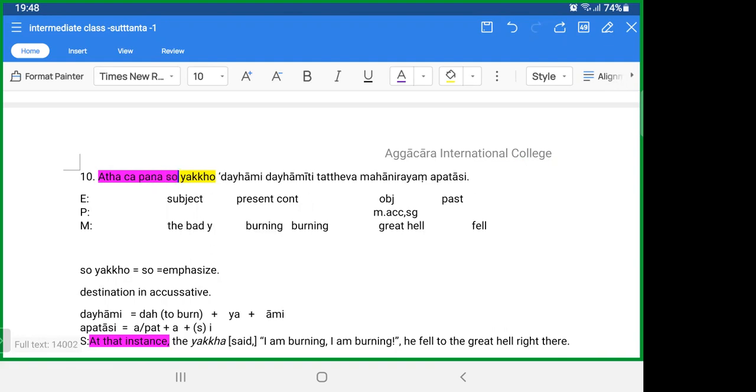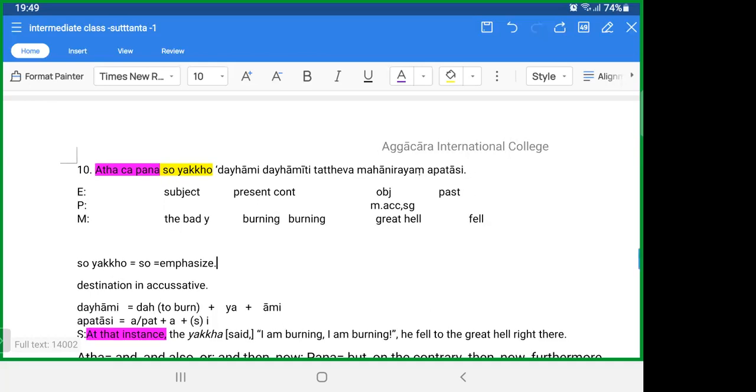With so, we are definitely talking about that yaka. So that's why so has a meaning here. When you learn grammar like this, Pali becomes very interesting rather than just going through the lessons and exercises. So I prefer to teach you this way. Besides making Pali easy, you also get to know some of the Suttanta text.